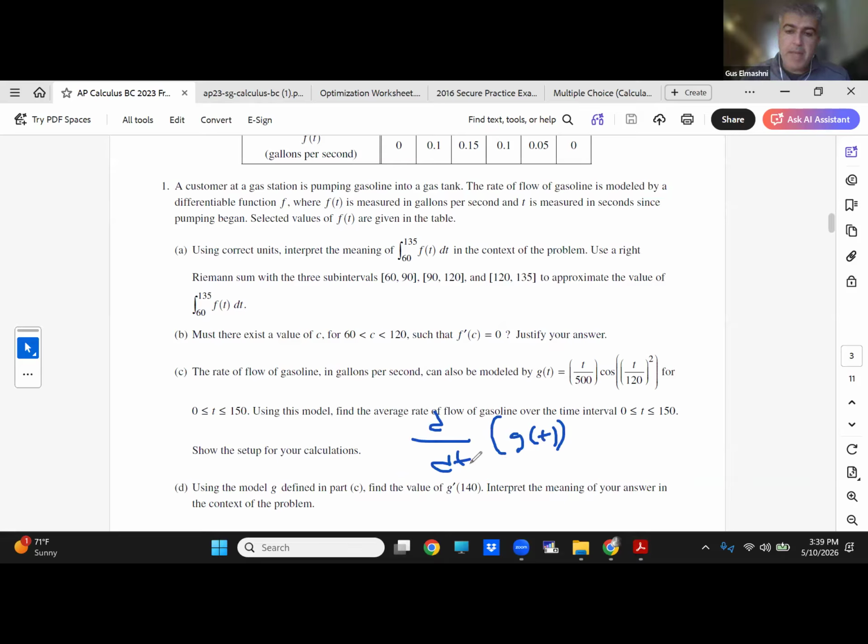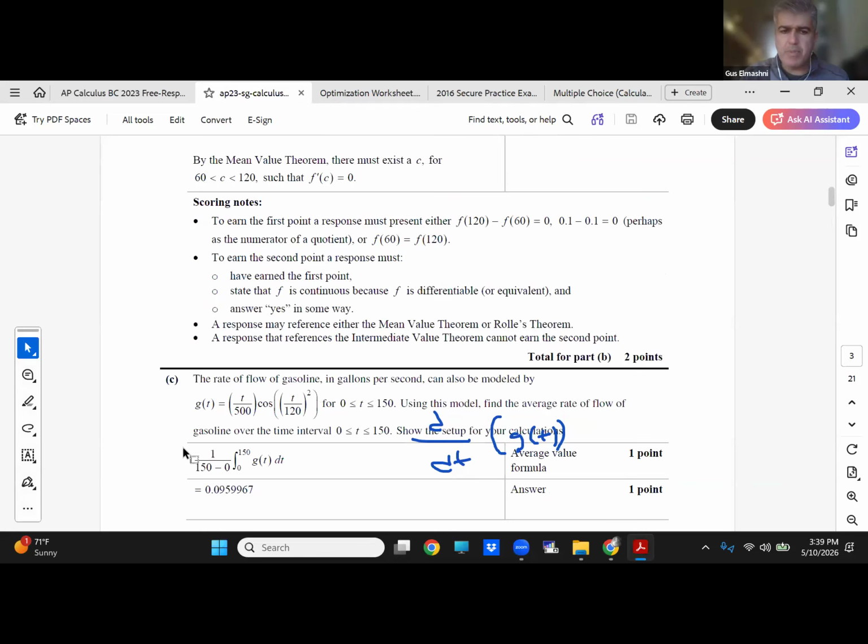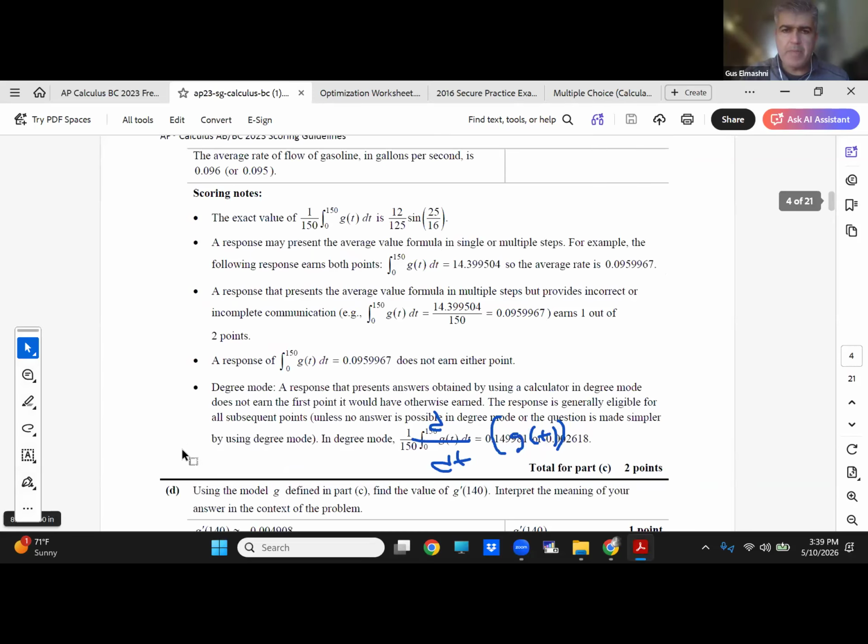And what's that going to represent? That's going to represent how the rate of gasoline is changing at 140 seconds. So it's how fast the rate is changing. And if it's positive, it's increasing, negative, it's decreasing. So I trust you guys could do that just fine in Desmos or in a graphing calculator.